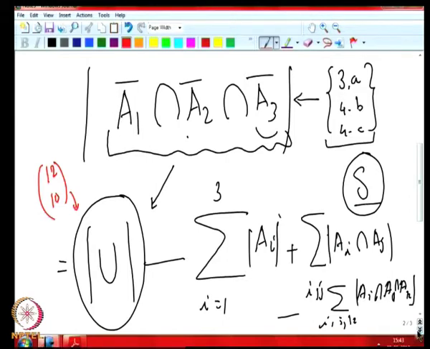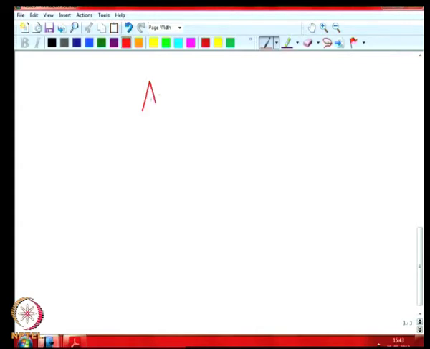Now to find the cardinality of Ai, say A1, let us take. A1 is the set of 10 combinations such that there are at least 4 A's in it.